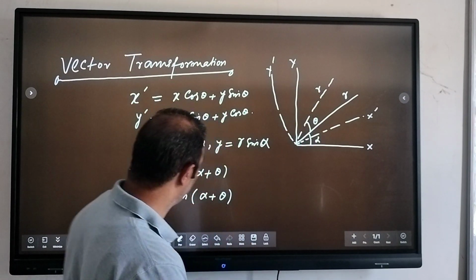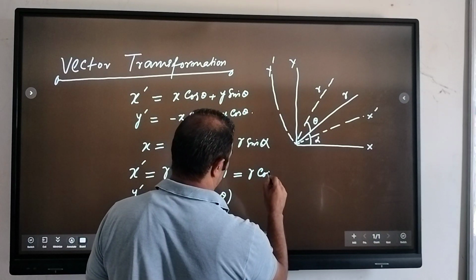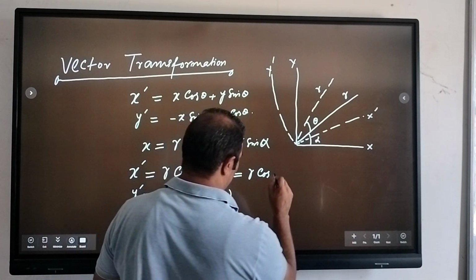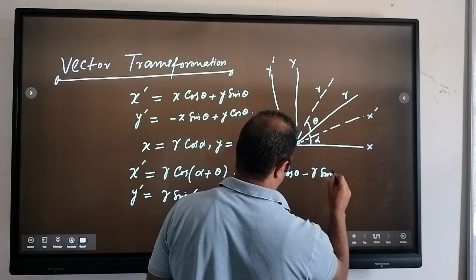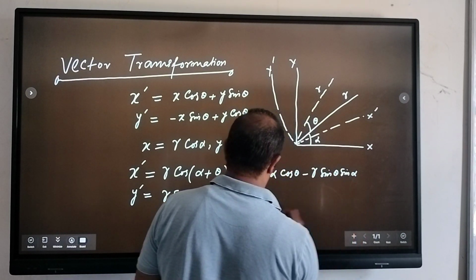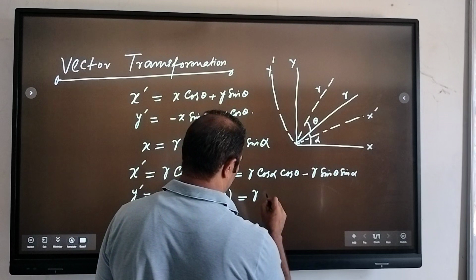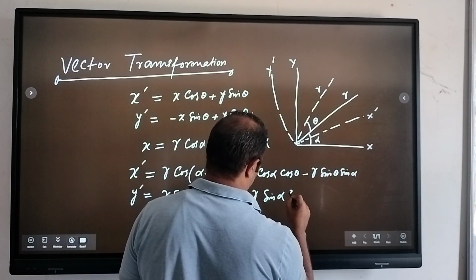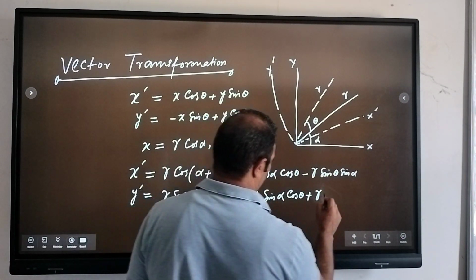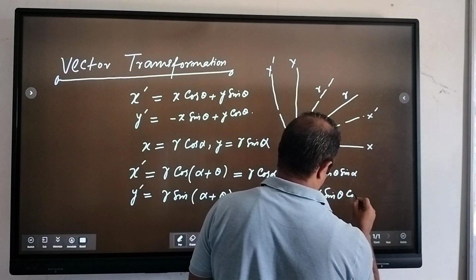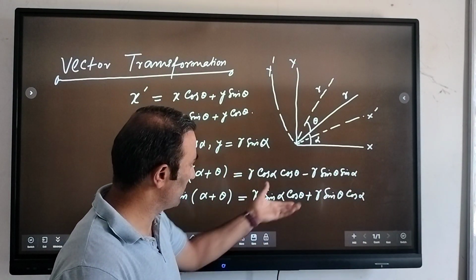So we can rewrite this using cos of a plus b, and similarly sin of a plus b equals sin a cos b plus cos a sin b, and cos of a plus b is equal to this, right?